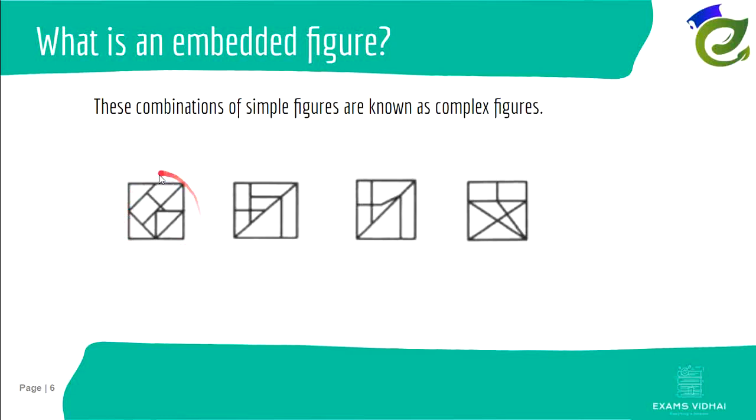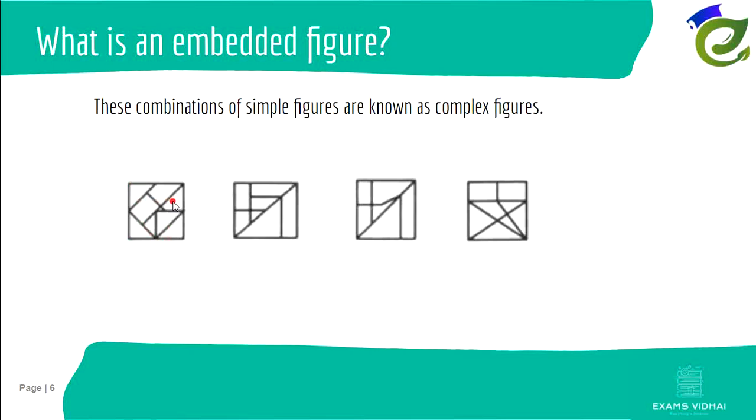If you can see in all these figures, there are combinations of various simple figures. Like if you can see the first one, you have a triangle here, you have a rectangle here, you have one more triangle here. In that way, with the combination of different simple figures, this is forming a complex figure.